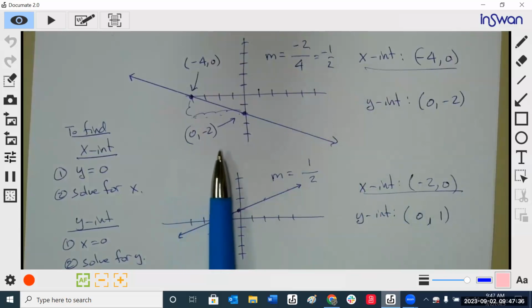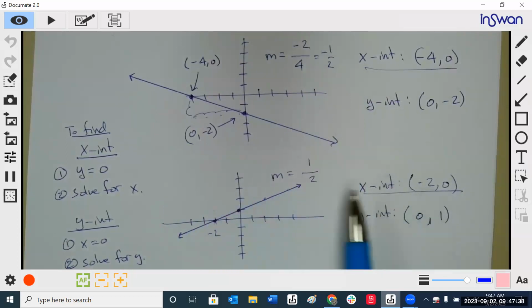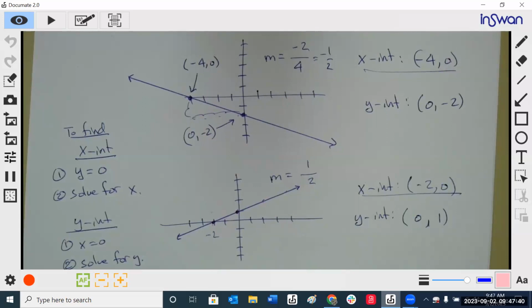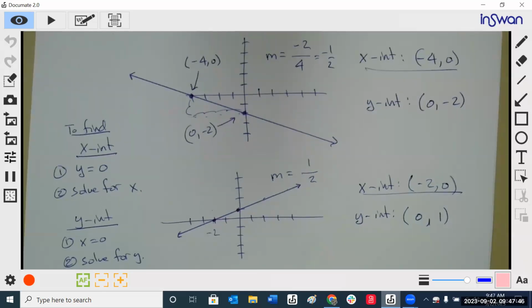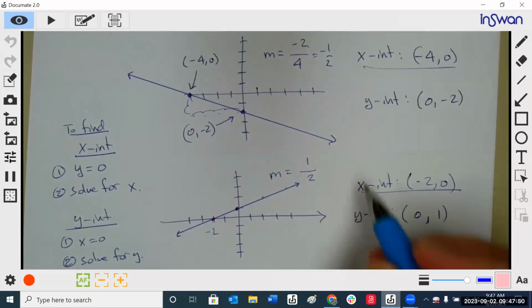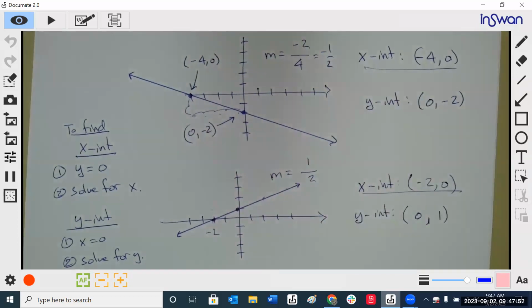As x gets bigger, the graph is going up, so it's a positive slope. That's what tells you whether it's going up or down. Just look as you're going left or right, is it going up or down? And remember, it's always going to the right, because on a slope, the only number that can be negative is the top number. It's either going to go up or it's going to go down. Everything else has to go to the right.